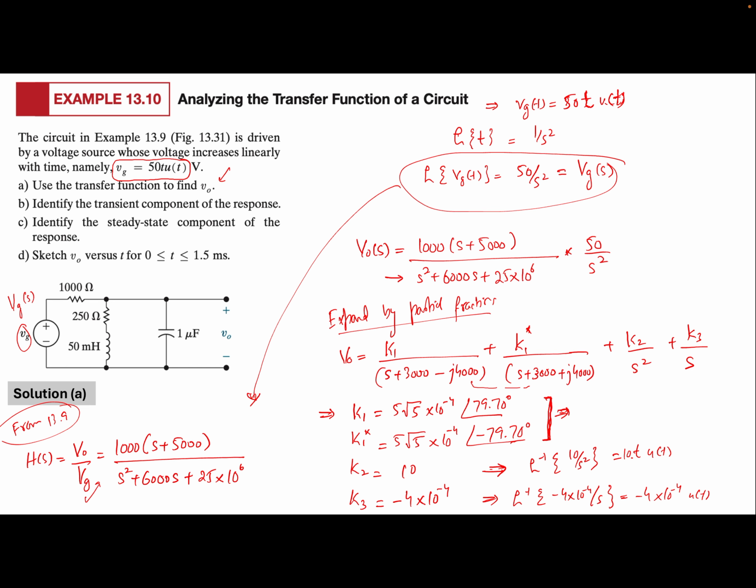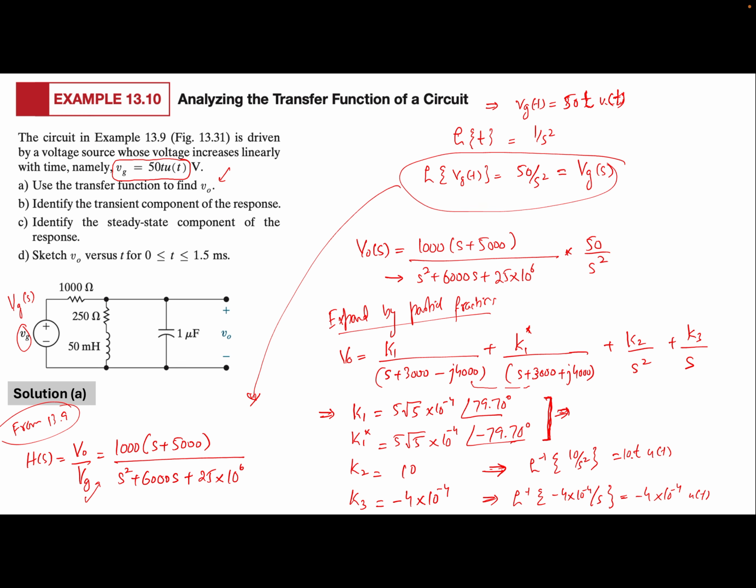So your final value for v naught, with respect to time, should come out to be 10 times square root 5 times 10 to the minus 4, again a constant, e to the power minus 3000 t, cosine of 4000 t plus 79.70 degrees, and plus 10 t minus 4 times 10 to the minus 4, and this is all multiplied by the step function, in volts. So here's the output value of V naught.